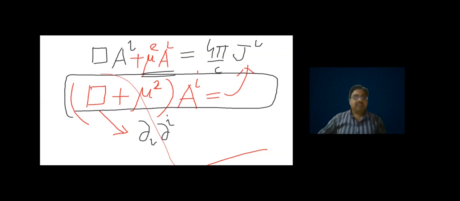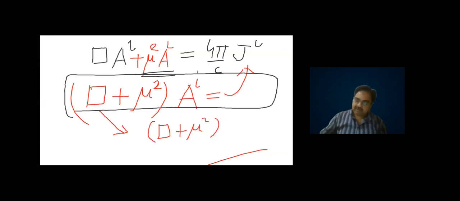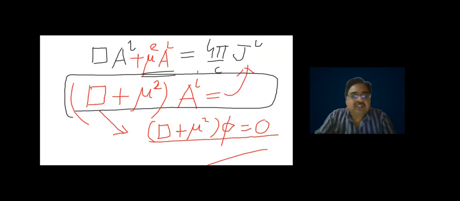But there you have a scalar field, and the scalar field is for a spin zero particle, and then you will write a similar kind of equation, okay? But in place of this A_i, you will have a scalar function. So that will be like mu square and phi, where phi is a scalar field. This equation is called the Klein-Gordon equation.